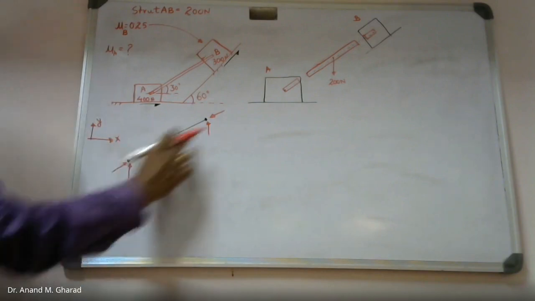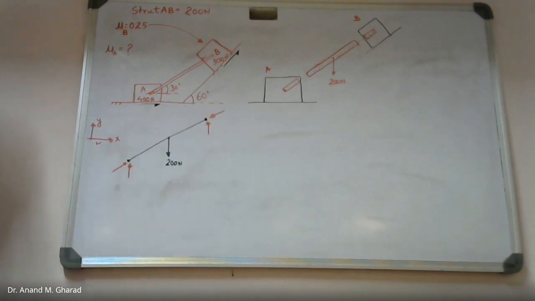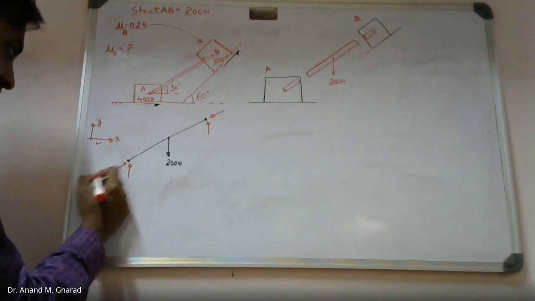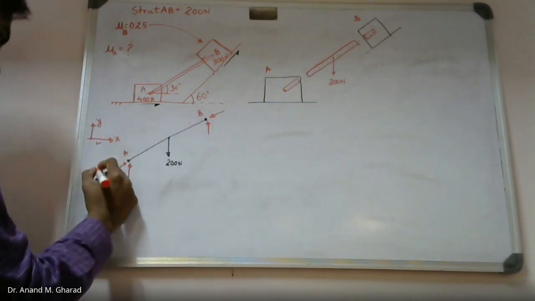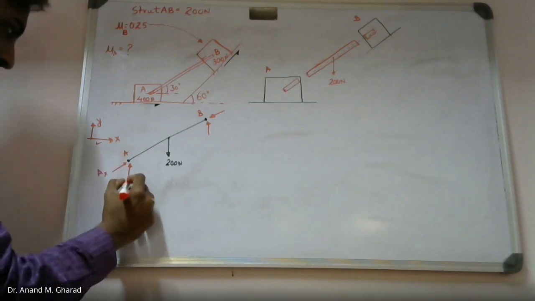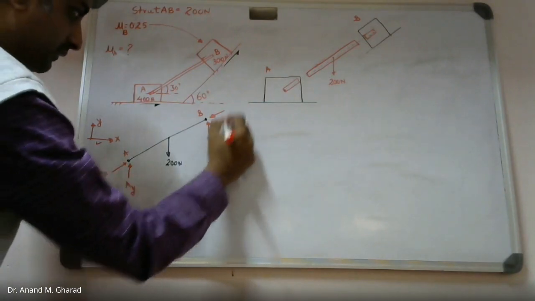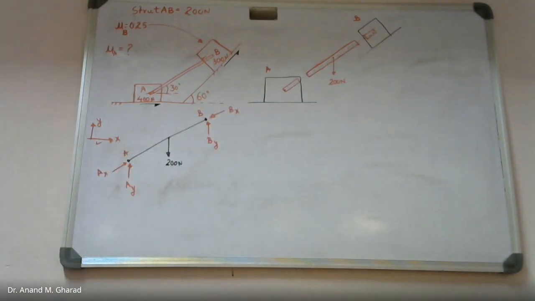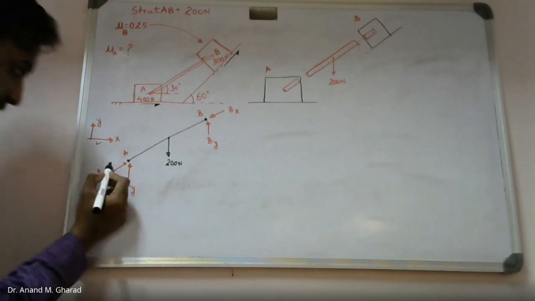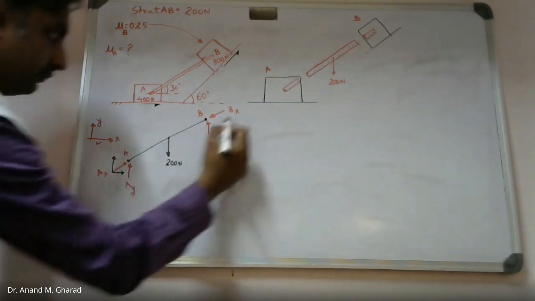This is true vertical and this is inclined horizontal with respect to this. So if this is point A, this is point B, this is AX, this is AY, this is BY and BX. So AX and BX are actually inclined forces. So what you can do is, you can resolve this into components like this.